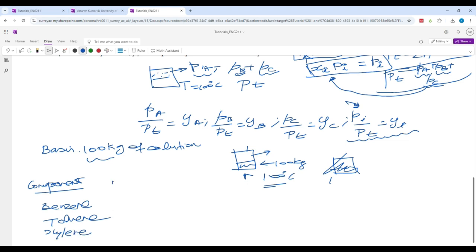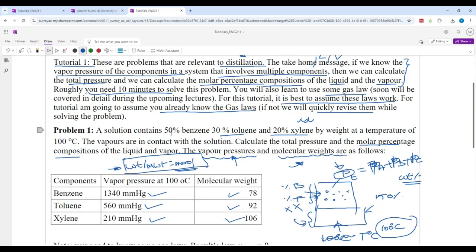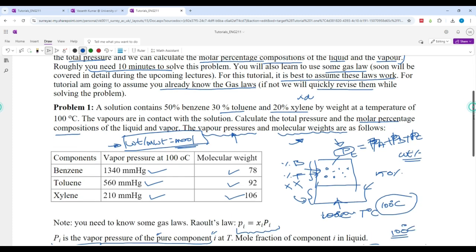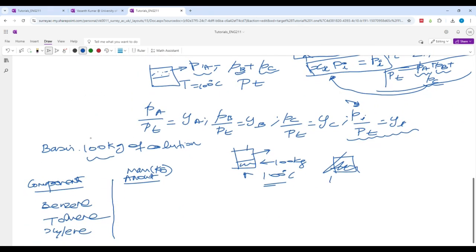So we have three components, and then we also know the amount, the mass in kilograms. If we go back to the problem, we have some weight fractions there: 50% benzene, 30% toluene, and 20% xylene. Which means if you convert them into kilograms, it will be exactly 50 kg, 30 kg, and 20 kg.